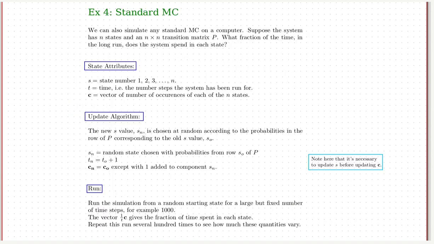I said earlier that this method of simulating systems is kind of a generalization of Markov chains. One consequence is that with this Mathematica package we'll be using, it's very easy to model standard Markov chains on a computer.